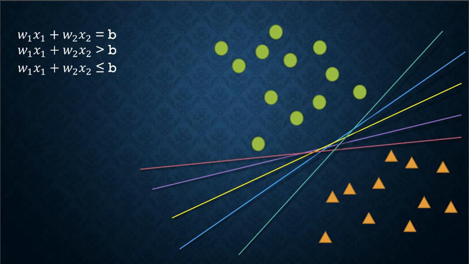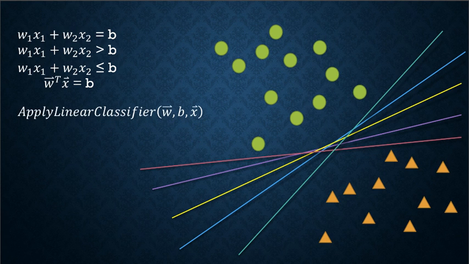We can generalize this 2D linear classifier to higher dimension by defining a hyperplane as we did here. Using this equation, we can apply the same concepts in higher dimensional space. Let's look at the linear classification algorithm in m dimensions.